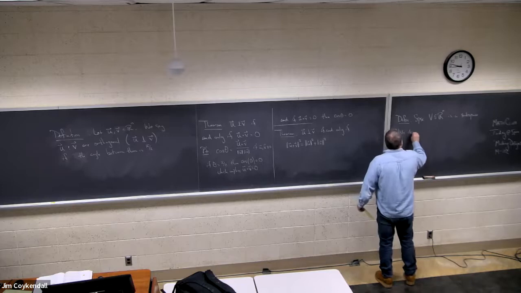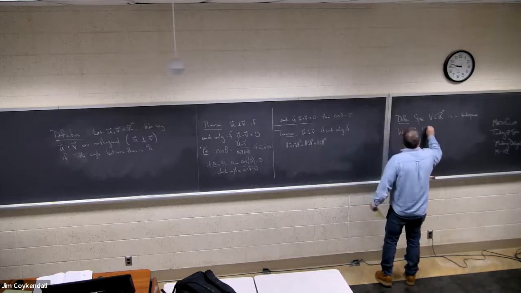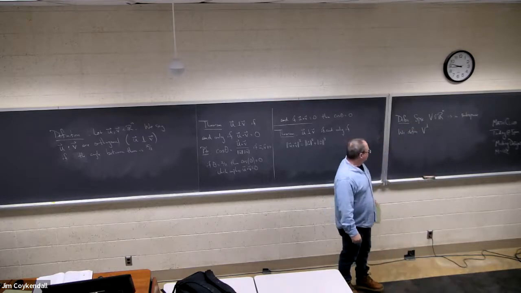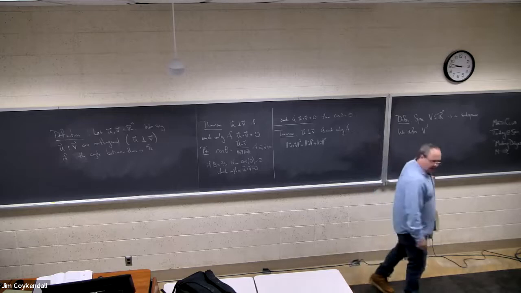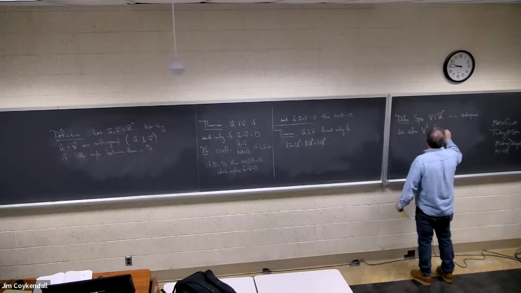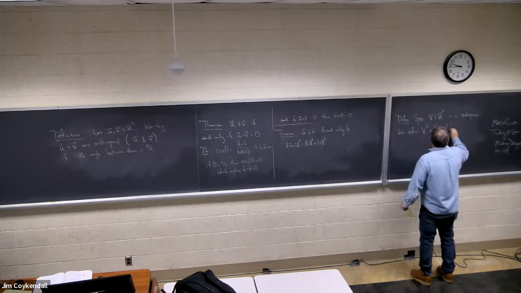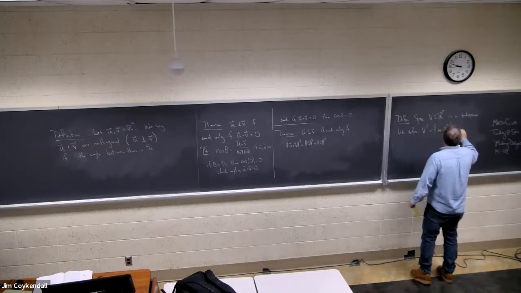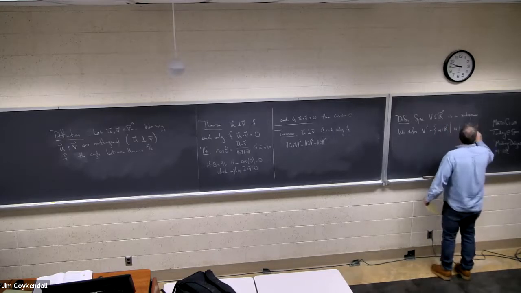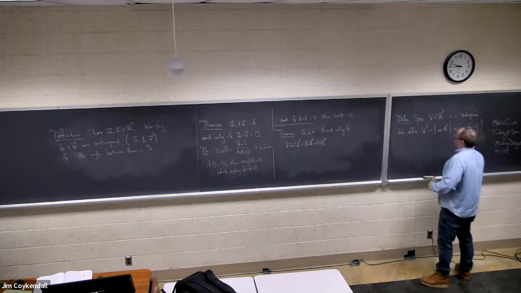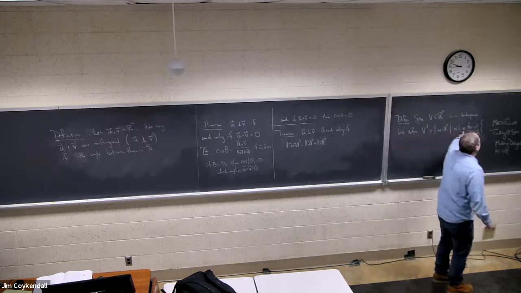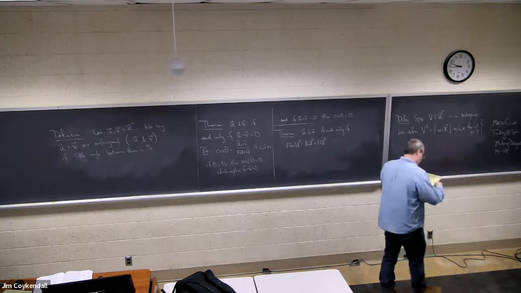We define V perp; see that little exponent is a perpendicular sign. This is the collection of all W in Rn such that W is perpendicular to V for all V in the subspace. So you look at everything that's perpendicular to every vector in V, including the 0 vector.